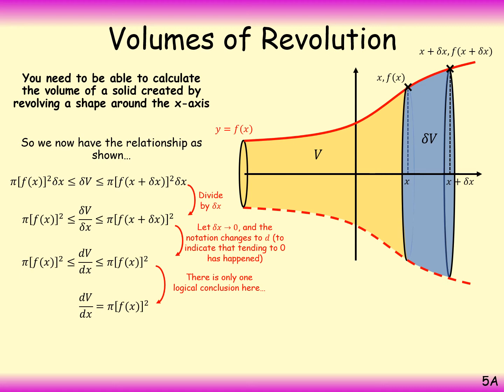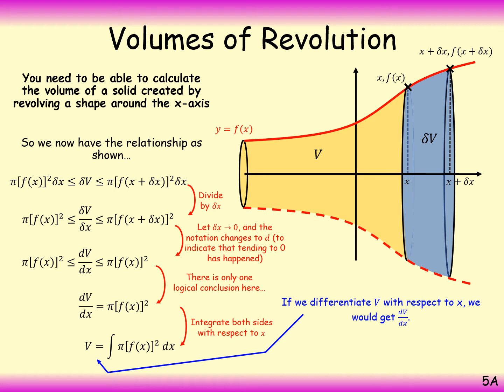So there we have it. To work out the volume of a solid, we differentiate, so dV/dx would be pi f(x) squared. Now, integrating both sides with respect to x, and this will be from your differential equations in A-level maths, when you separate the variables, V would equal the integral of pi f(x) squared dx.